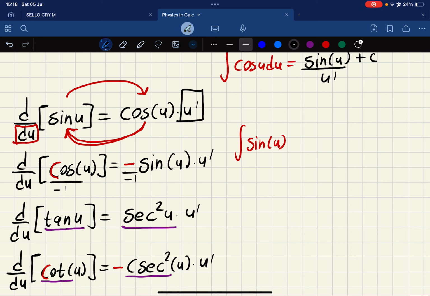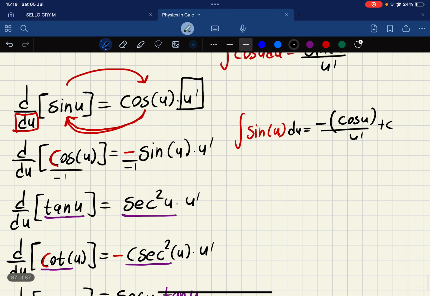Then your answer is going to be, we have du, your answer is going to be negative. Don't exclude that negative. Then you say in brackets, right? Then when you check there, the derivative of sine u is going to be cos u over u prime plus c.